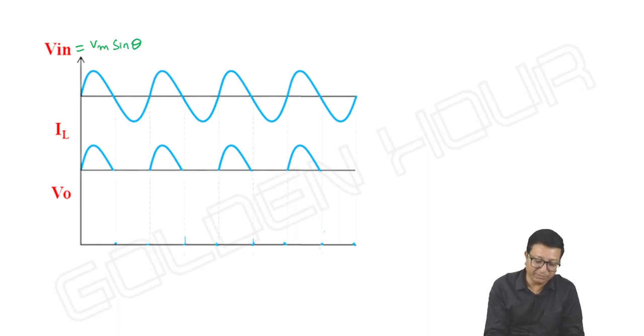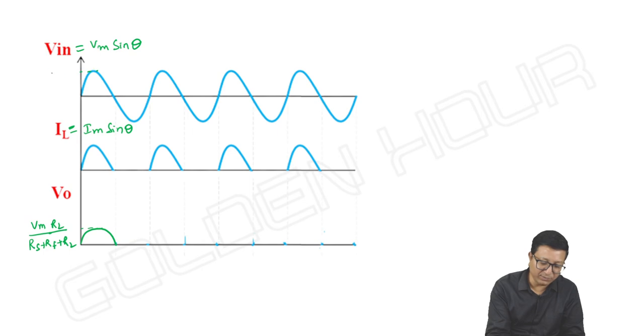Then IL is equal to Im sin theta, and V output is equal to IL into RL, whose peak amplitude is Im into RL, that is Vm by Rs plus Rf plus RL multiplied with RL.